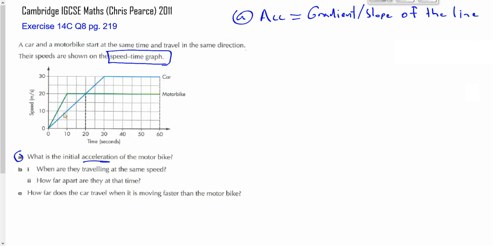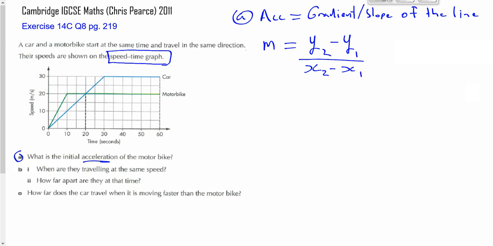The gradient or slope represents the acceleration of the vehicle, in this case the motorbike. To figure out the gradient of a straight line, we know that the gradient, m, is equal to the change in y, so y2 minus y1, over the change in x, x2 minus x1. This requires two coordinates.